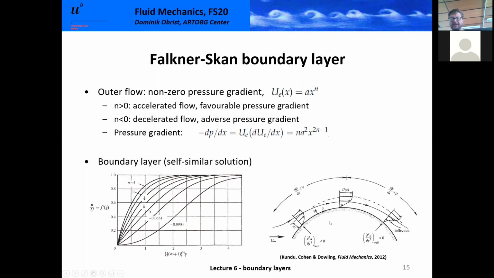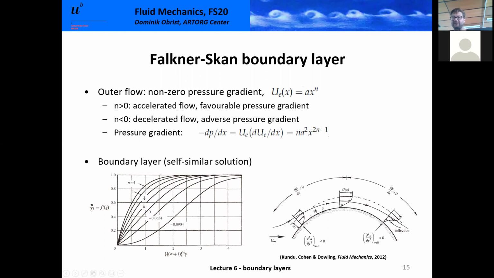If we look at the situation we have on the surface of a curved object, so for instance, the upper side of a wing, or the upper side of a ball flying through the air, we see all configurations down here. So the object on the bottom right is subject to an airflow coming on from the left with u infinity, and it should be clear that when the flow goes up the hill or up on the upstream side of the object, just due to mass conservation, it has to be accelerated first.